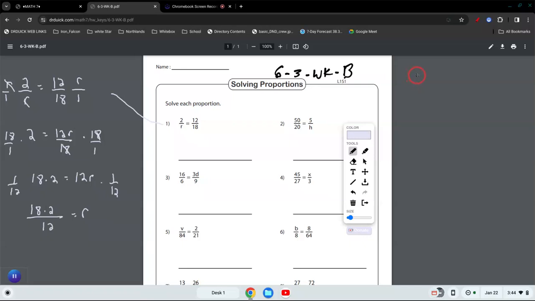So 18, okay, if I factor it, I can think of it as 6 times 3 times 2. Where's the 2 come from? Over here. So 18 is 6 times 3 times 2. And for 12, I can get the number 6 times 2, and I have that equal to r. I will then cross things out, and I end up with 3 equals r.